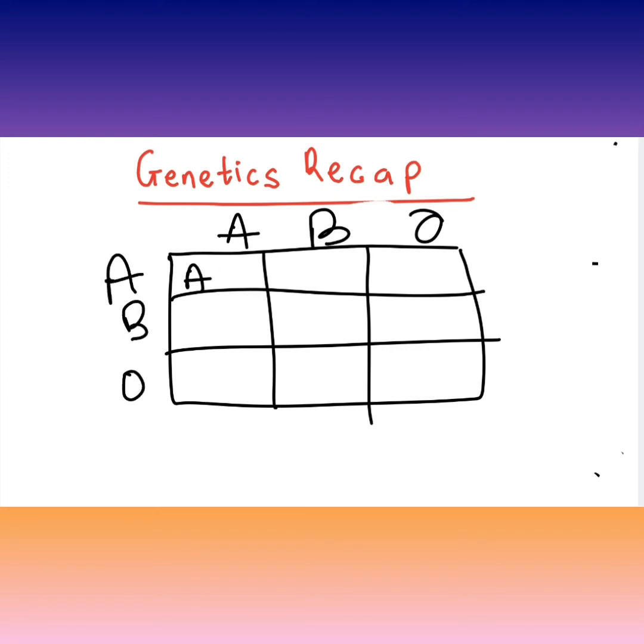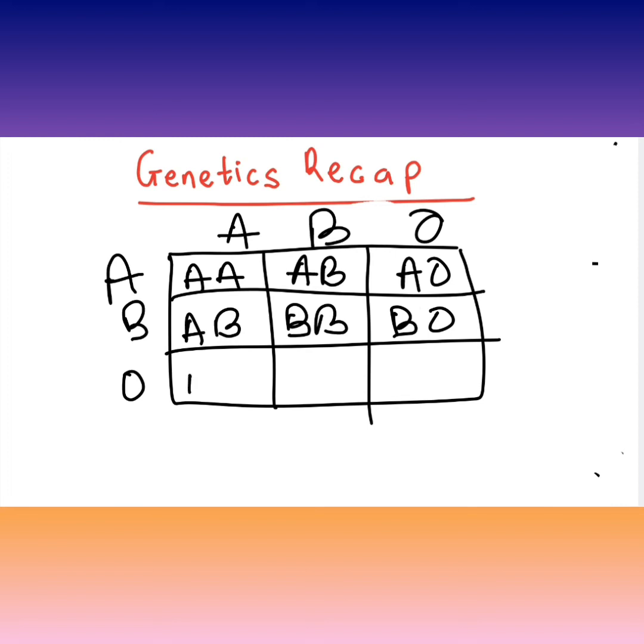Here we have AA. Here we have AB. Here we have AO. Here we have AB. Here we have BB. Here we have BO. Here we have AO. Here we have BO. Here we have OO. Now, although we have 9 combinations here, some are repeated.